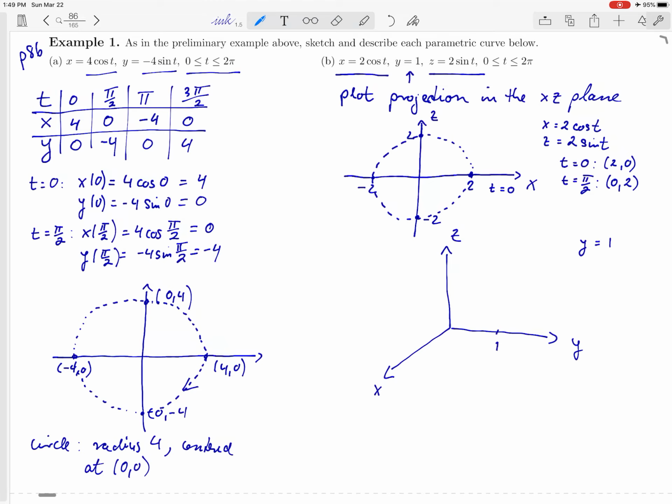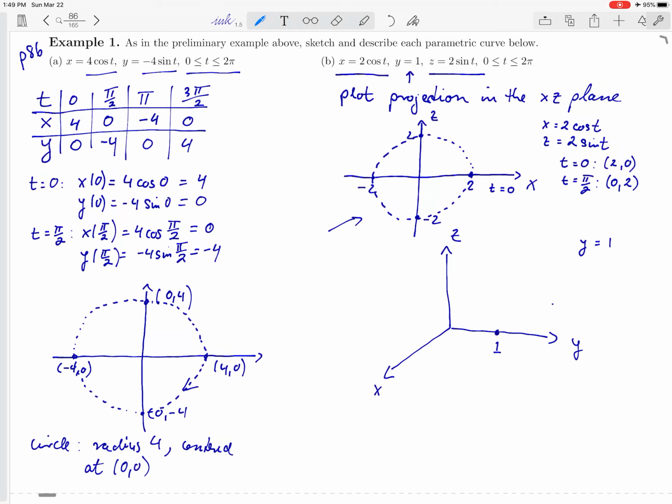So let's say 1 is right here, y equals 1. And the x and the z are still determined by our previous curve right here. The circle doesn't live in the xz plane, it lives in a plane that's parallel to the xz plane for the value y equals 1.